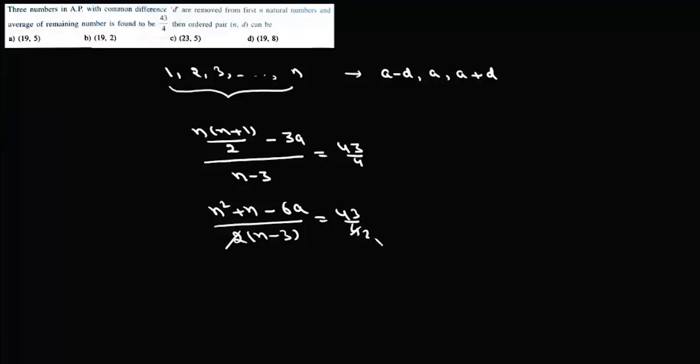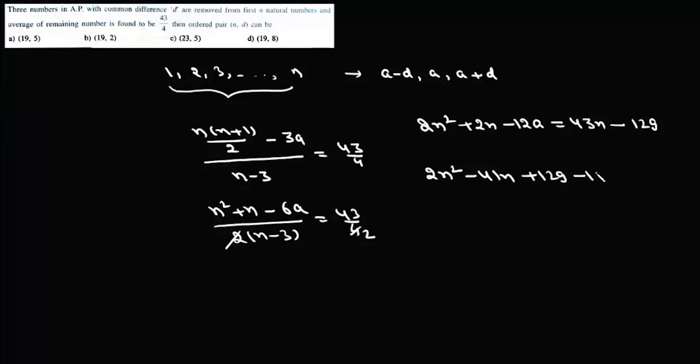Now this 2 will cancel. We can write this as 2n square plus 2n minus 12a equals 43n minus 129. So we can write this as 2n square minus 41n plus 129 minus 12a equals 0.